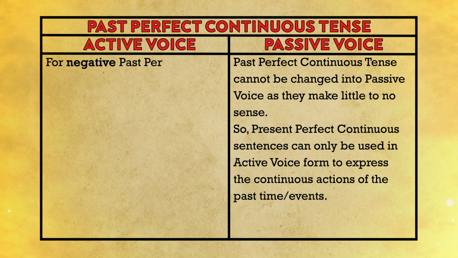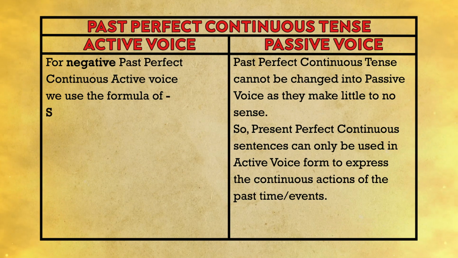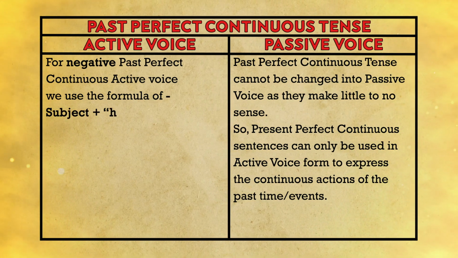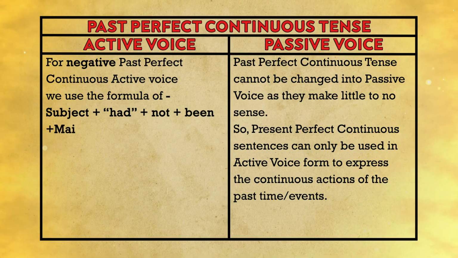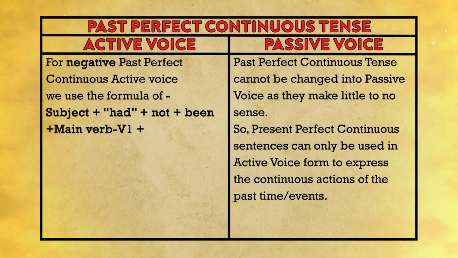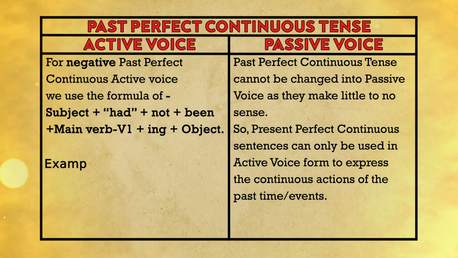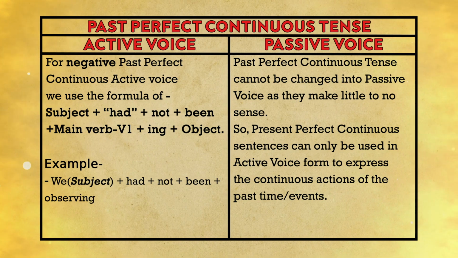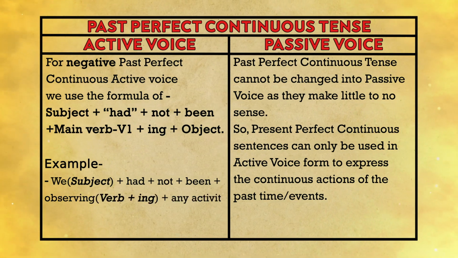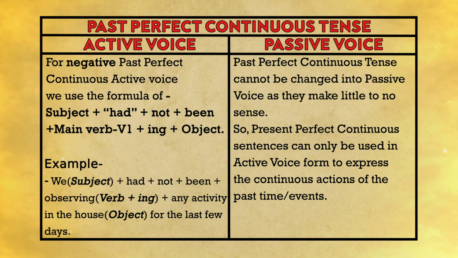Now the structure formula for past perfect continuous tense in the negative active sentences: subject plus had not been plus main verb, that is verb 1, plus ing plus object. We had not been observing any activity in the house for the last few days.